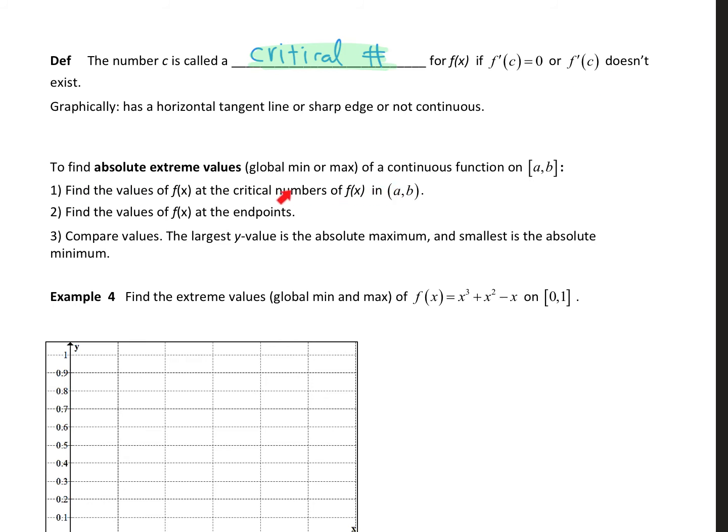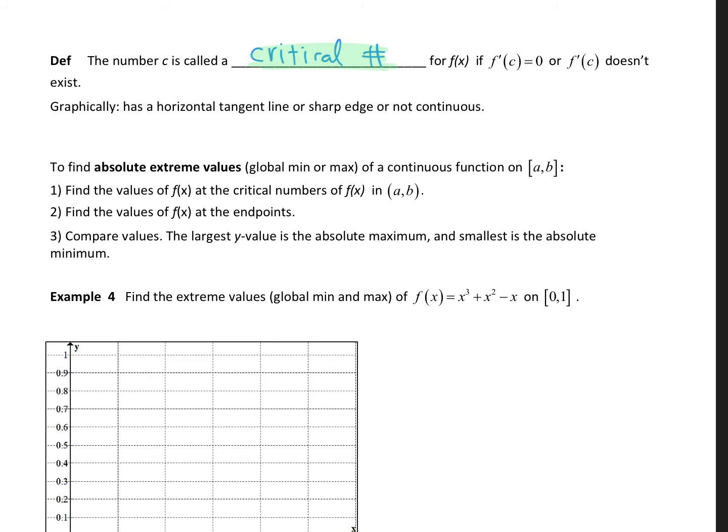So that's the first part. And then the values at the endpoints, because sometimes the global max and min happen at the endpoint, right? Then compare the values and see which is the biggest and which is the smallest.